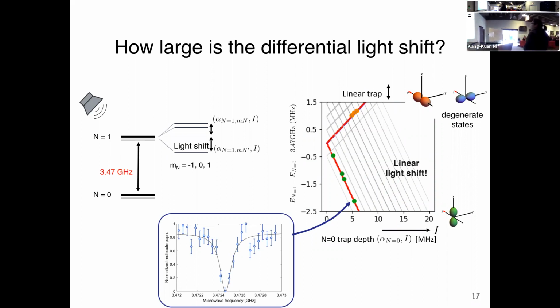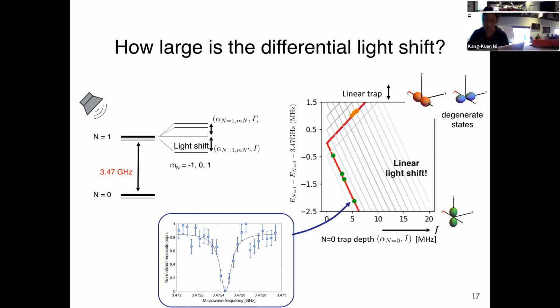So we start with linearly polarized tweezer beams, and we can measure this n equal to 0 to n equal to 1 transition as a function of trap depth. And this way, I previously said that it's on the order of megahertz for a trap depth.